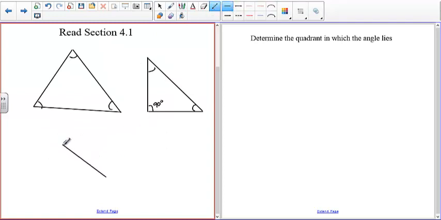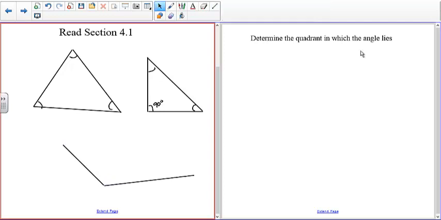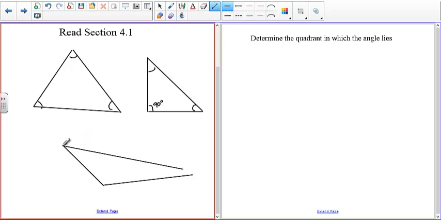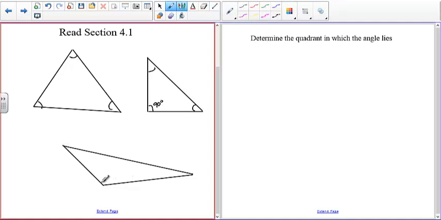That's where one of the angles is greater than 90 degrees. And of course, if one is greater than 90, the others have to be less than 90. So this angle here is greater than 90 degrees. These are both less than 90 degrees.